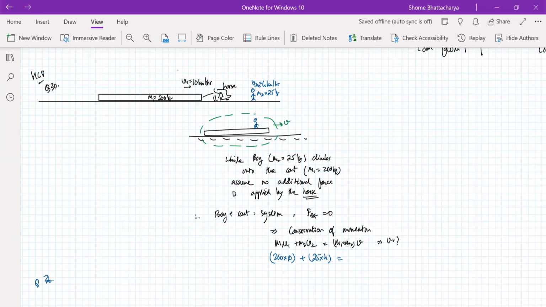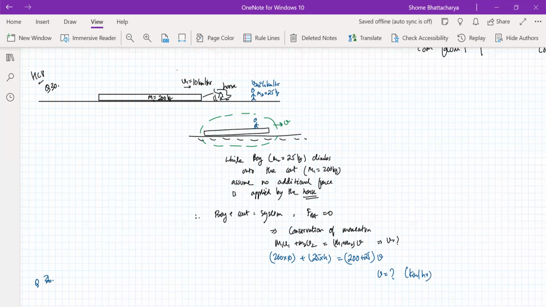I have taken mass in kgs on both sides and speed in kilometers per hour on both sides, so there's no problem. I don't need to convert kilometers per hour into meters per second, because I've taken it consistently on both sides. The units cancel in that sense, and whatever v I get here will be in kilometers per hour only.